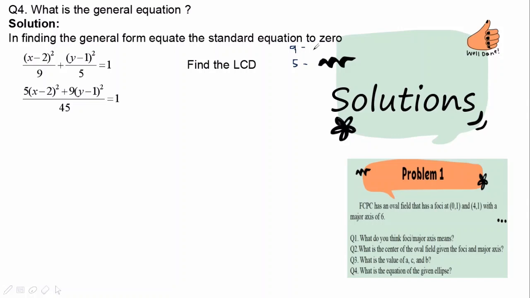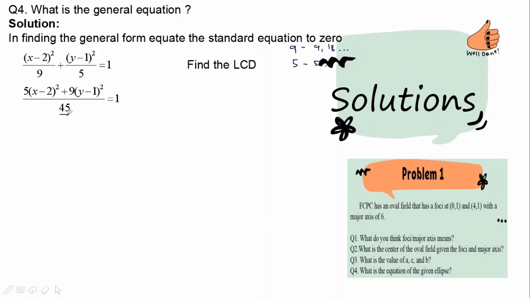Okay, so the multiples of 9 are 9, 18, 27, 36, 45. Then the multiples of 5 are 5, 10, 15, 20, 25, 30, 35, 40, 45. And the lowest multiple that the two have in common is 45.